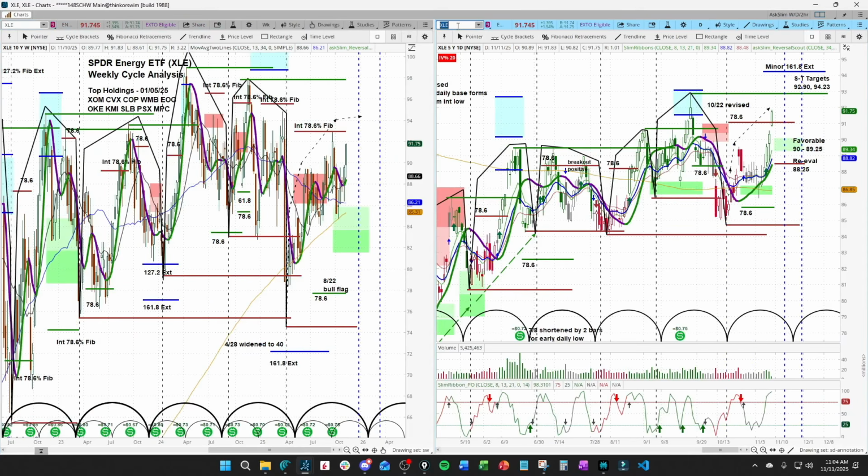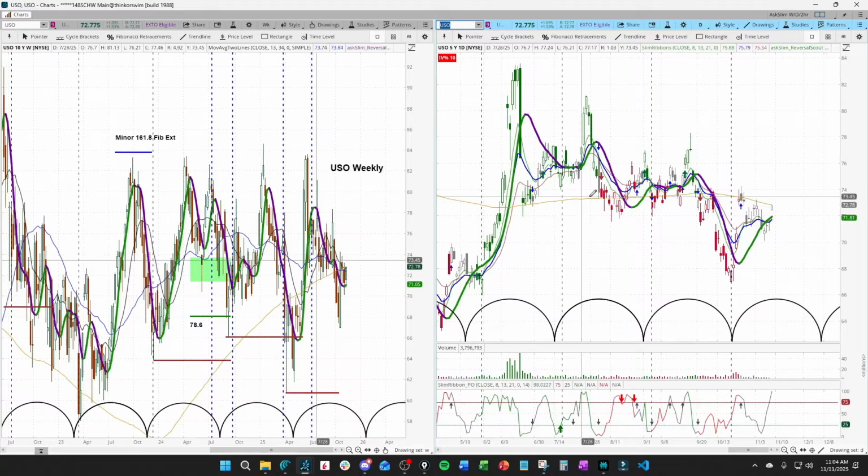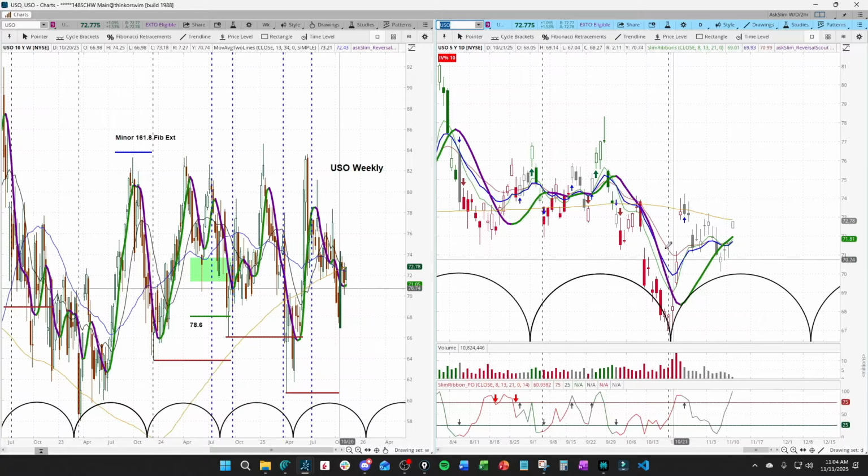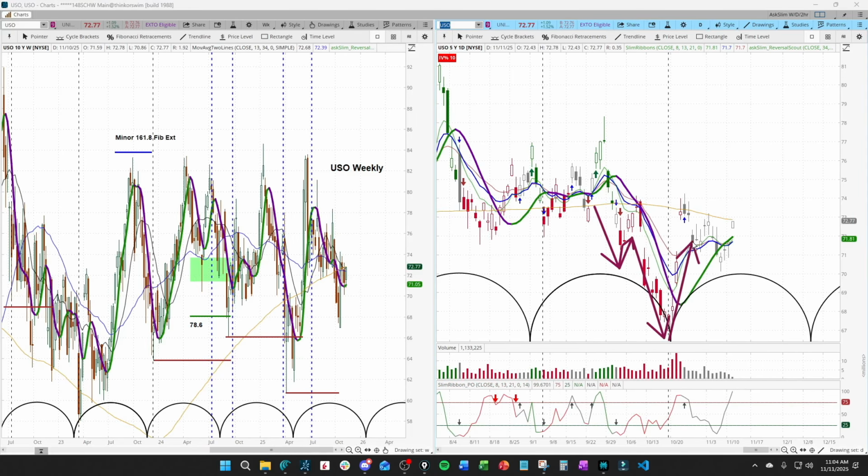I want to also show you what is happening in the USO. USO has a low that was just now formed here back on 10/20, and there's a little inverted head and shoulders that could be forming here. So keep your eyes on USO as well. I like what I'm seeing on the short term.